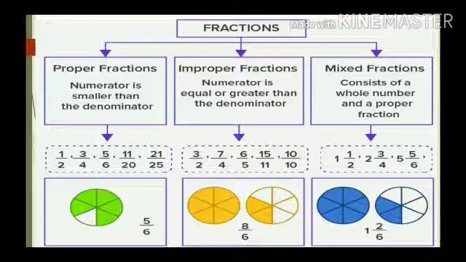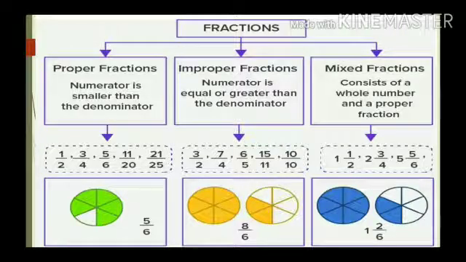Now, improper fraction. An improper fraction is a fraction whose numerator is equal to or greater than the denominator. You can see in this example 3 upon 2, 7 upon 4, 6 upon 5, 15 upon 11 or 10 upon 10.